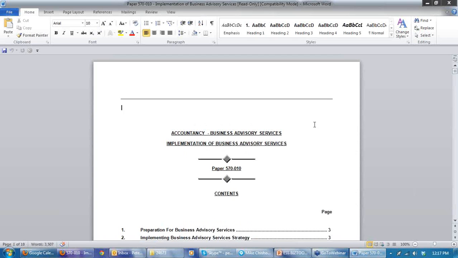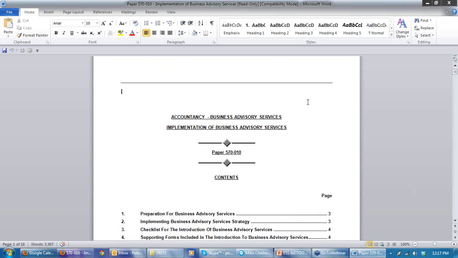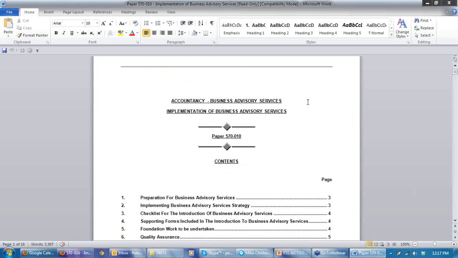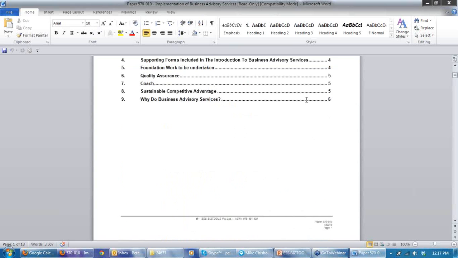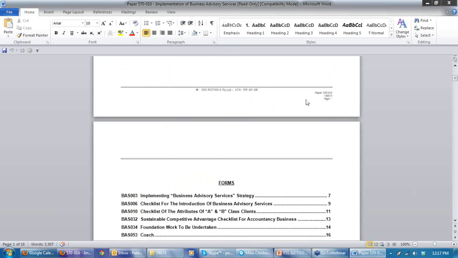The papers are prepared exactly the same for accountants as they are for SMEs. So in this area above this line here, you could include your logo and your name. This paper obviously is meant for internal use because it's giving an overview of how one might start to get ready to deliver business advisory services.